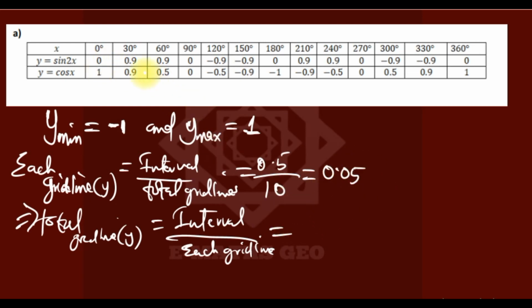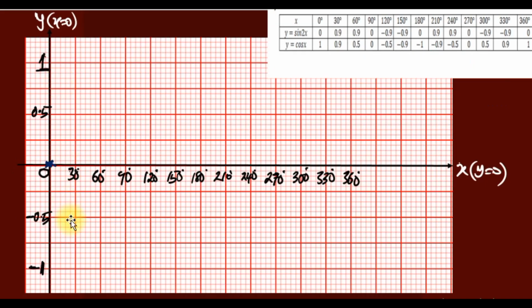Like if I want to locate 0.9, I do 0.9 divided by 0.05, and that gives me the total grid lines starting from the origin.